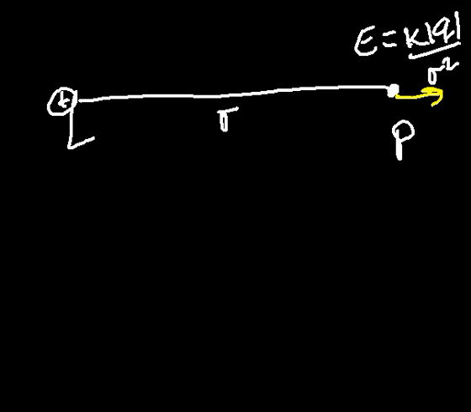And what if this was a negative charge? Let's say we have it as a negative charge. Now, since this is the negative charge, the electric field enters the charge.